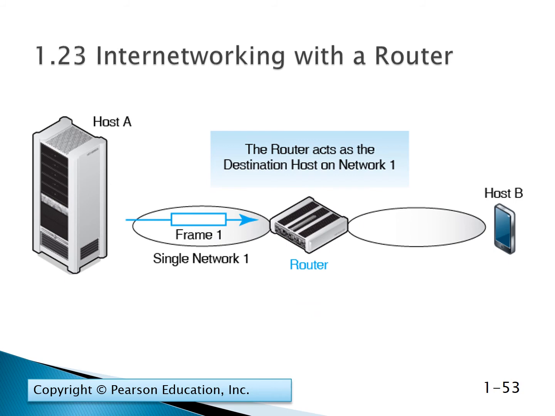So that's why people came up with the idea of internetworking with what they call a router. The router acts as the destination host on network 1. For example, this is single network 1, and host A is trying to send something to host B, which is on another network. So this frame will be sent from host A to a device called the router.